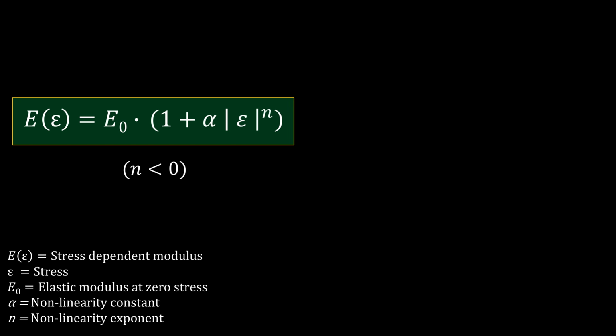Now, after a lot of trials, I could not get the simulations to produce anything resembling a self-confined state. And in an act of desperation, or maybe call it genius, I decided to make the exponent n in the nonlinearity equation negative. And this yielded a very curious simulation result, which I want to show you.